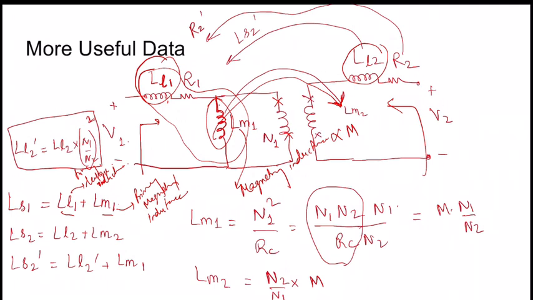Then we have LL2 plus LM2 referred to secondary side. But the net reactance LS2 dash transferred to the primary side is LL2 dash plus LM1, because we are looking now from the primary point of view. So LM2 becomes LM1, LL2 becomes LL2 dash.